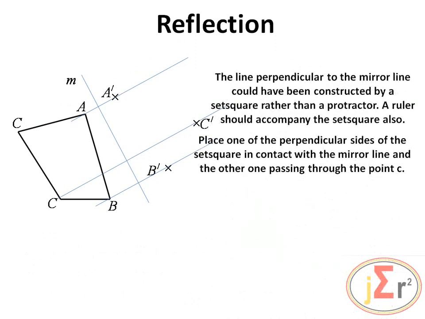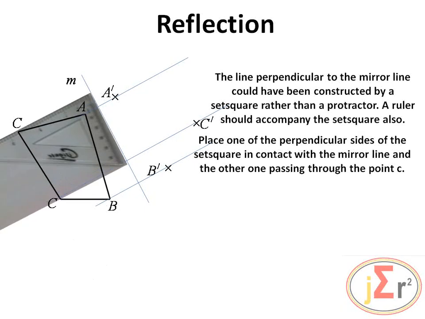Now we are going to show that if we do not have a protractor, or if it is better to our taste, we may use a set square rather than a protractor. So place one of the perpendicular sides of the set square in contact with the mirror line, and the other one should pass through the point C. So notice that this is our 90 degrees of the set square.